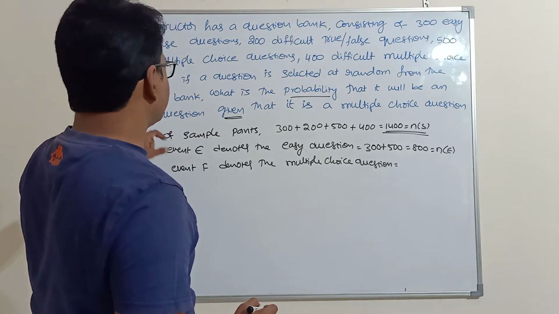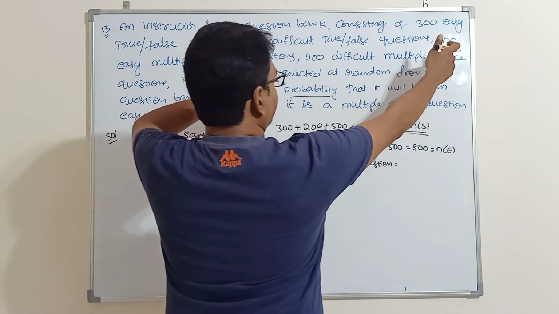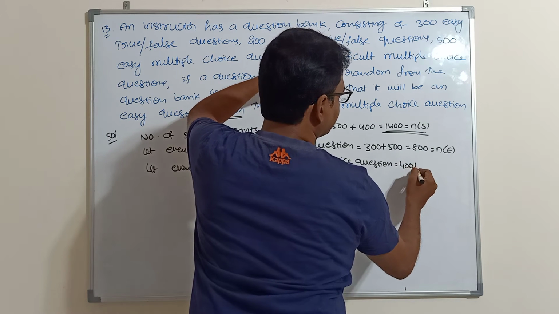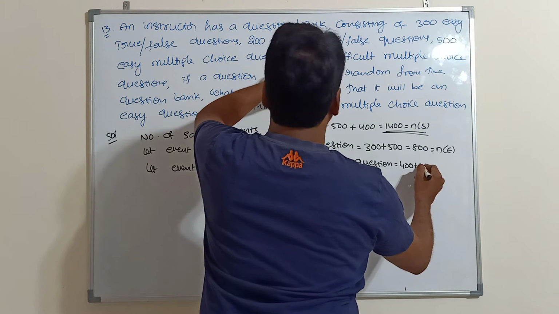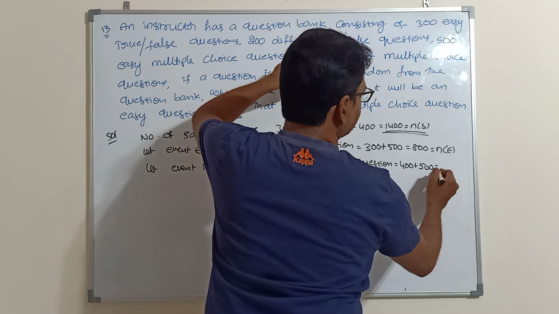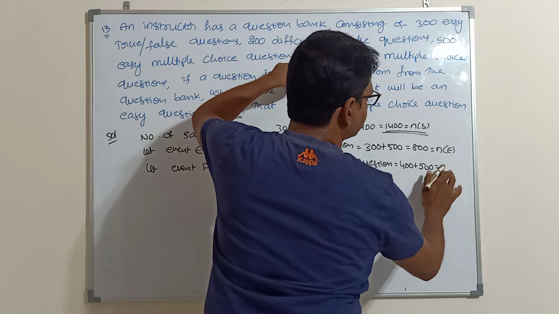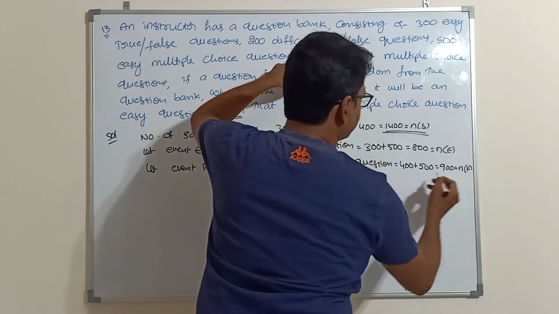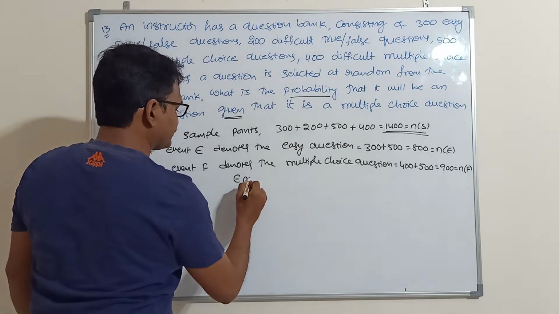So how many multiple choice questions are there in total? 500 plus 400. Total 900 multiple choice questions are there. N of F.